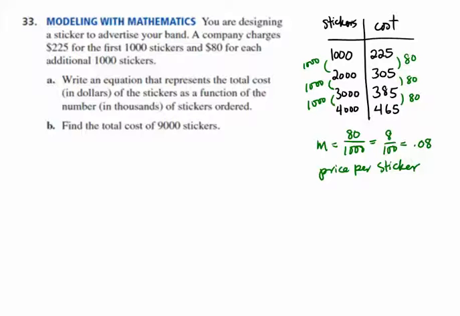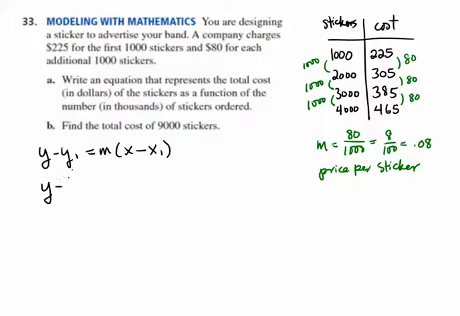Instead of 2,000, use the number 2. 3,000, use the number 3, etc. And I'm going to go ahead and just continue to use the thousands that I've already set up here. So we want to write y minus y1 equals m times x minus x1. We want to write the equation in point slope form. We know what the slope is. It's 0.08. Let's take any pair of points. We'll use the first one.